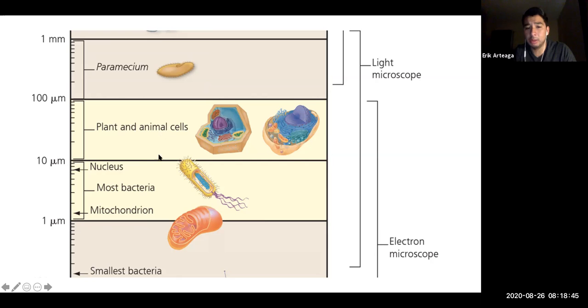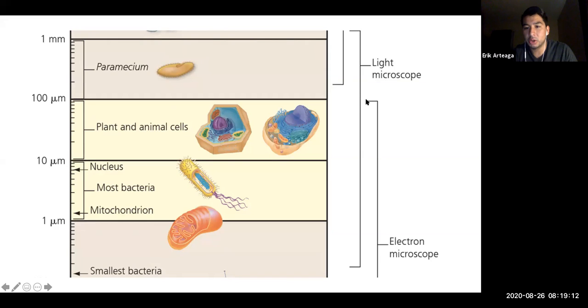We have plant and animal cells here, a nucleus, most bacteria, mitochondrion, which we'll talk about later, which is actually remnants of ancient bacteria. Very, very small bacteria like Mycoplasma. Mycoplasma causes walking pneumonia, and again, it's very, very small. It's hard to even visualize with a microscope. Okay, so this is on the fringes of what light microscopy can do.